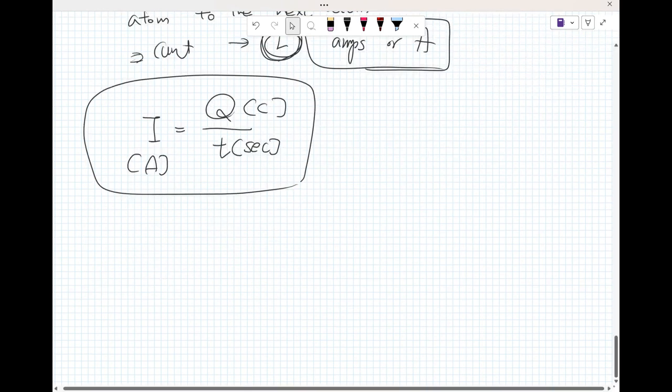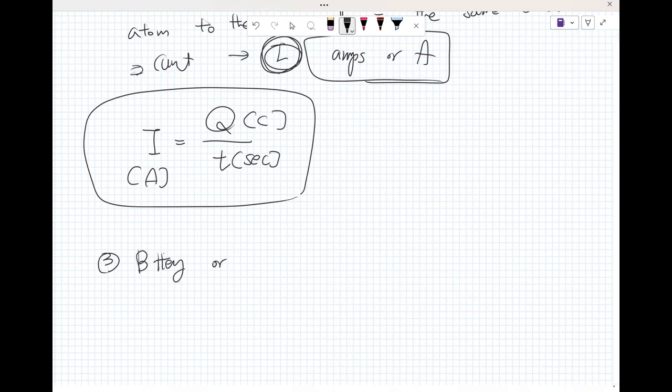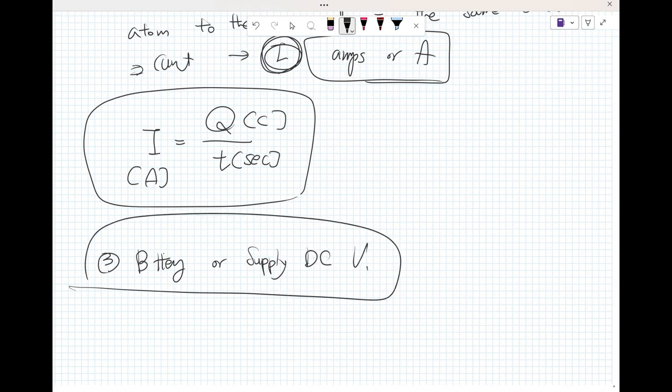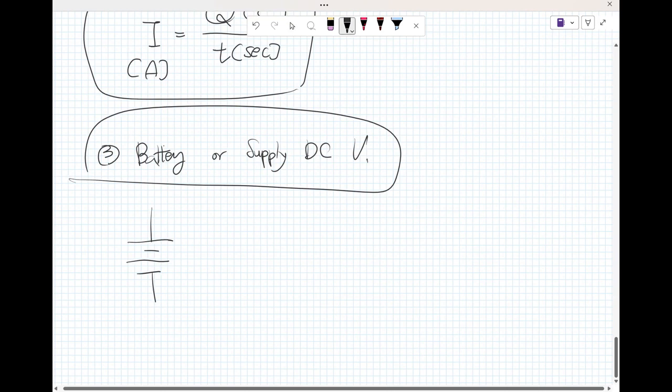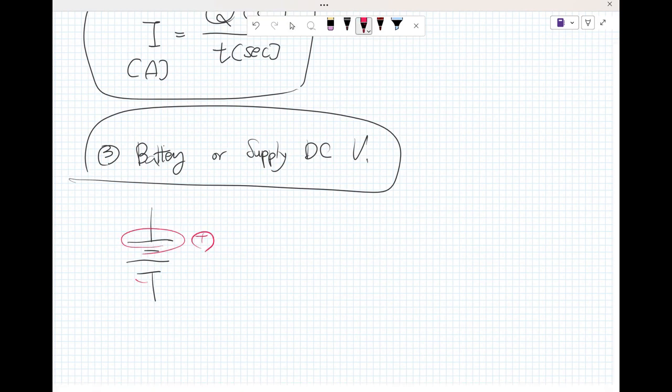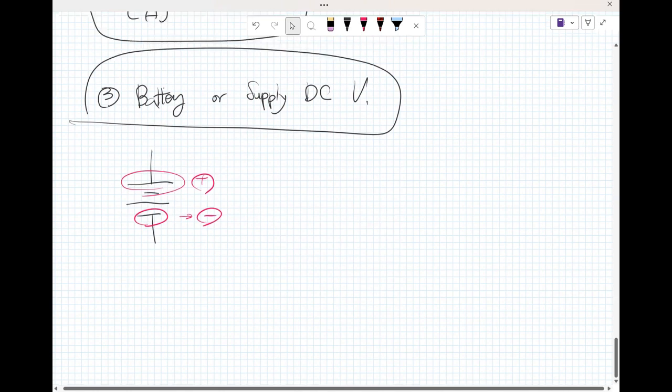Third, we're going to learn about the battery or DC voltage supply. One of the symbols is like this: the long line is plus, the short line is minus. This is the symbol for a DC voltage source.